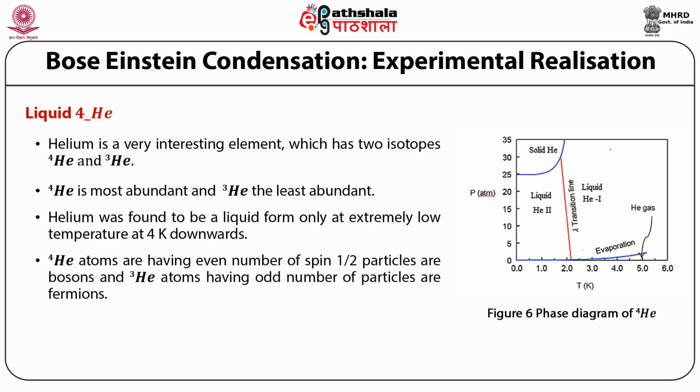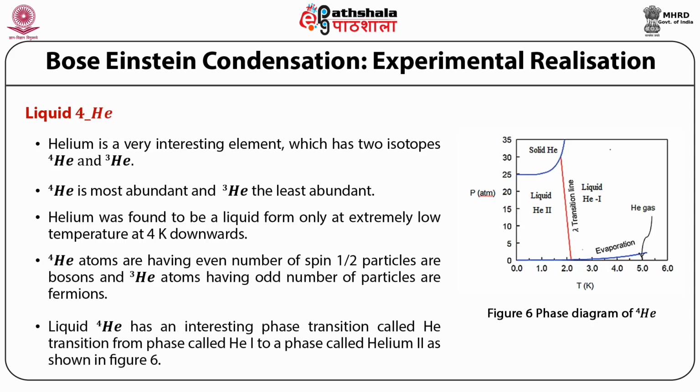Helium-4 atoms are having even number of spin half particles and are bosons, and helium-3 atoms having odd number of particles are fermions. Liquid helium-4 has an interesting phase transition called Lambda transition from a phase called helium-1 to a phase called helium-2 as shown in figure 6. The latter phase is a superfluid phase. This transition takes place at T lambda equal to 2.18 K.